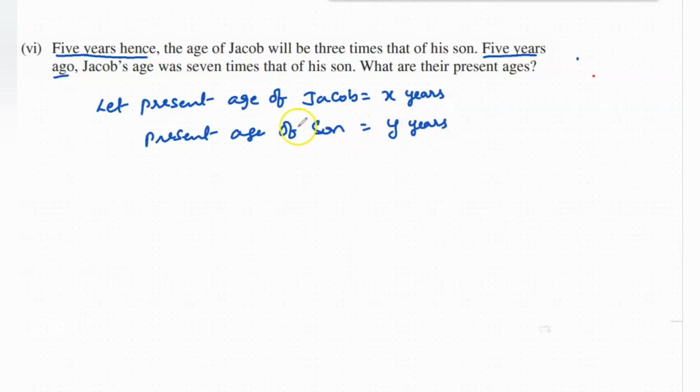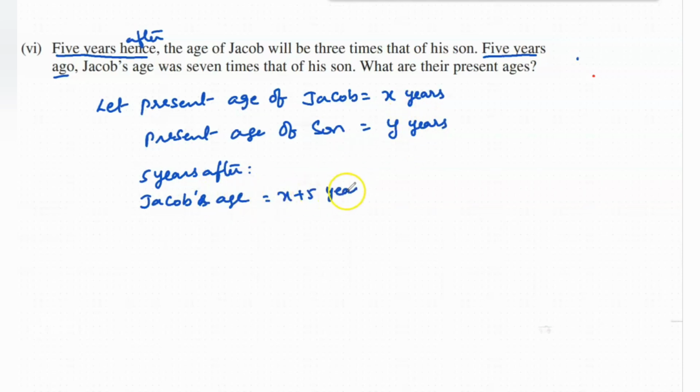Now see the first condition, 5 years hence, hence means after. So 5 years after, let us check Jacob's age. Jacob's age is equal to, add 5 to his age, x plus 5 years, right? Even the son becomes y plus 5. Son's age is equal to y plus 5.